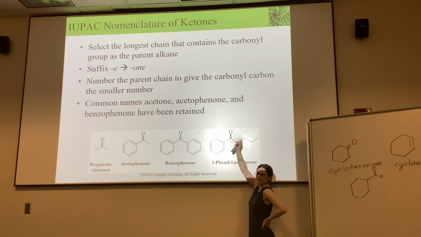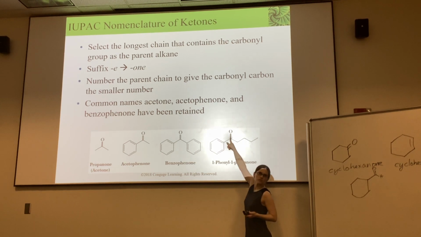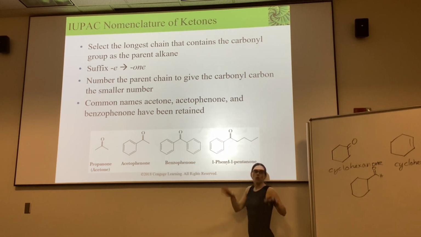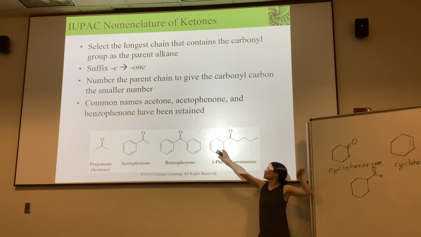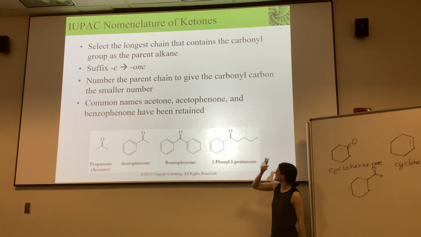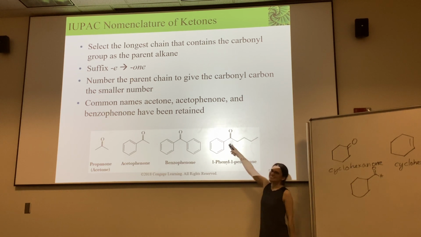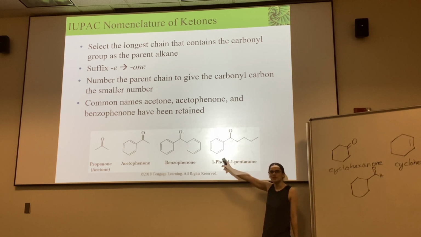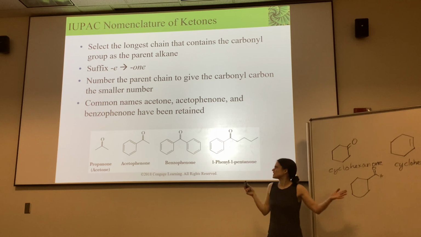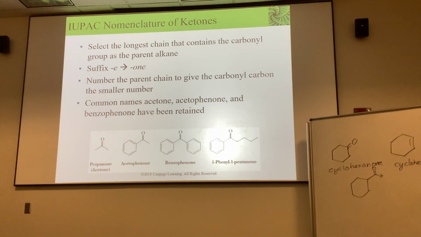If it's a bond to anything else, then it gets into other types of carbonyls. So one bond to a carbon and one bond to a hydrogen, that's required for an aldehyde. Otherwise, like this one, we go into a ketone. So that's a ketone on carbon 1, but it's 1-phenyl-1-pentanone because of those reasons.